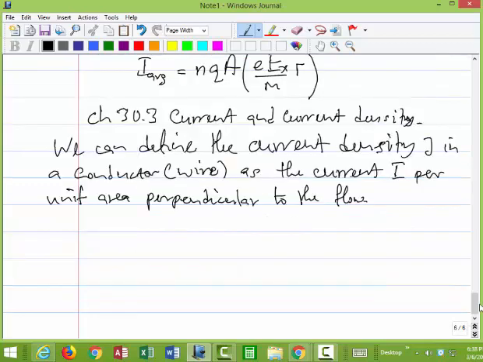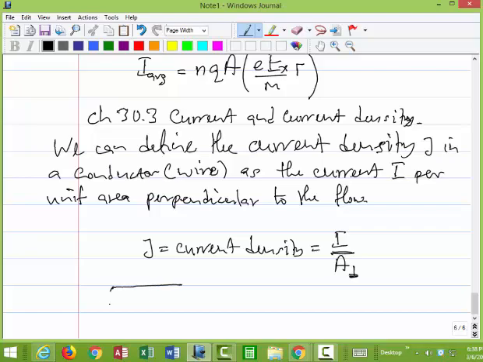So we can say J is equal to current divided by area perpendicular. So this again goes back to the diagram I drew earlier of the segment of wire with current flowing through it and a segment of area like that.